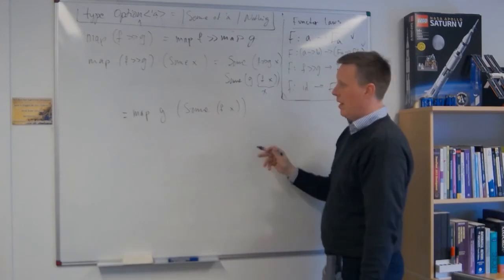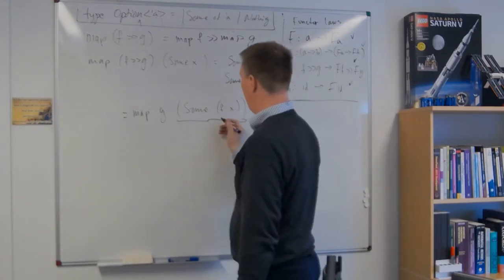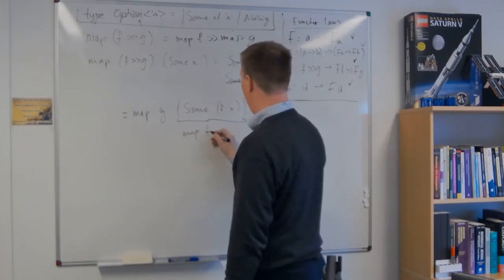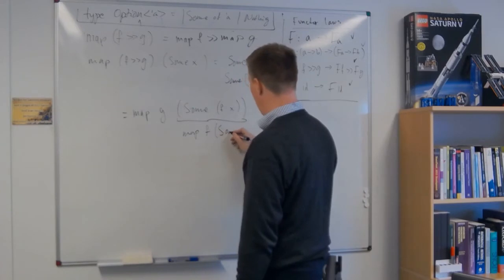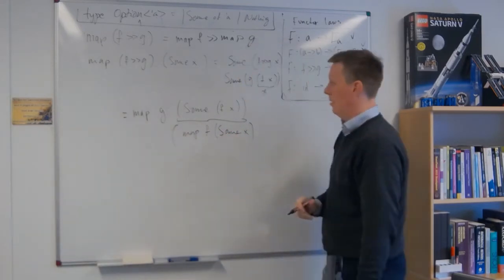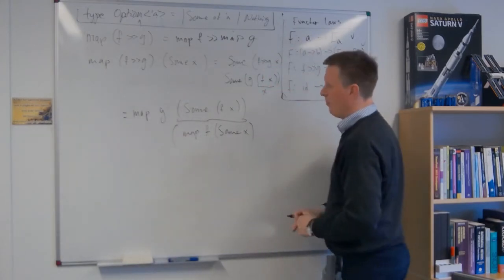And again, now I can do the same trick with f. So this here can of course be written as map f on sum x. And now we have map g, map f, sum x.